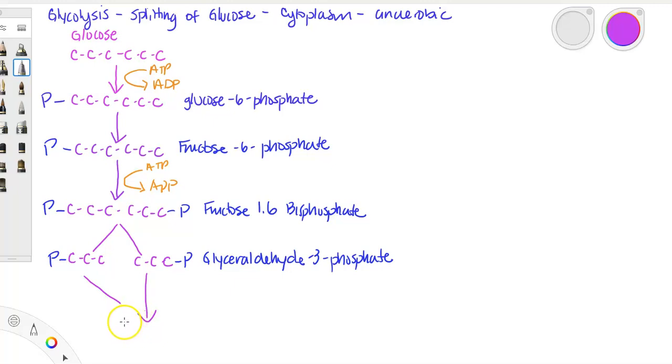And mainly we're taking away that phosphate group on both of these things. And when we do that, we're not expending energy, we're actually gaining it. So we have ADP, and we're taking these phosphates and linking them to make ATP.